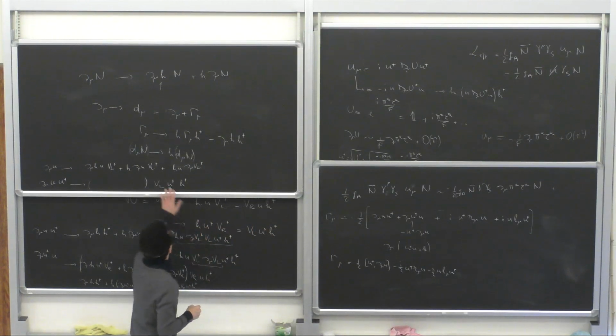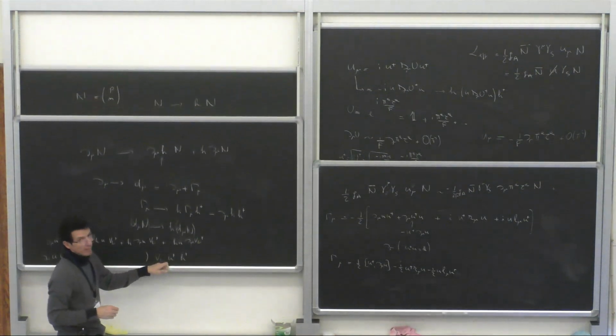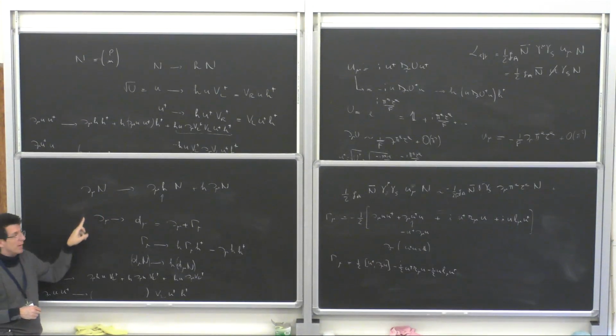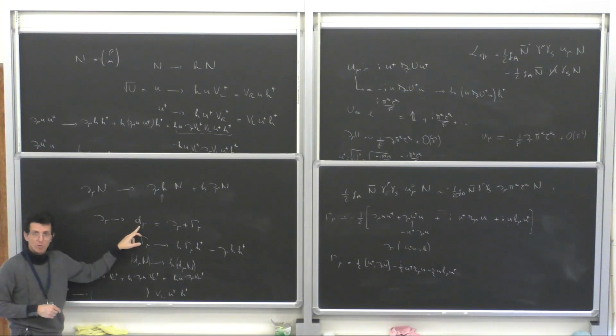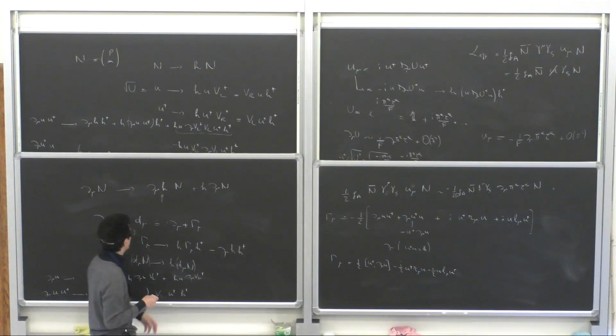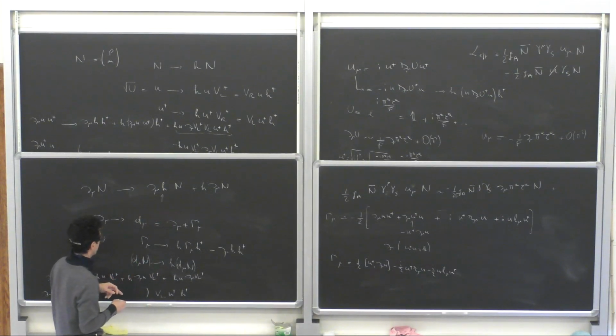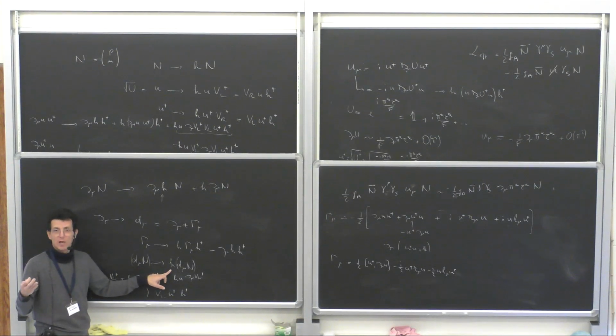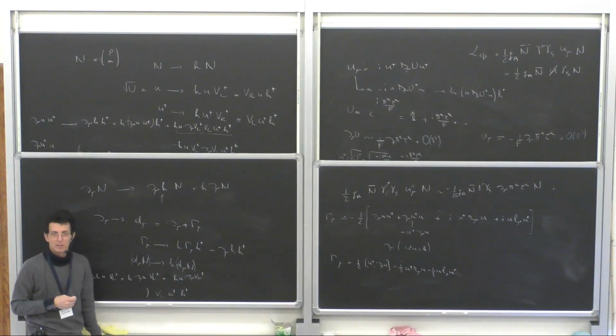If we replace ordinary derivatives of the nucleon fields by this covariant derivative of the nucleon field, then we have covariant terms transforming like that. D_mu of the nucleons goes into H times this thing.